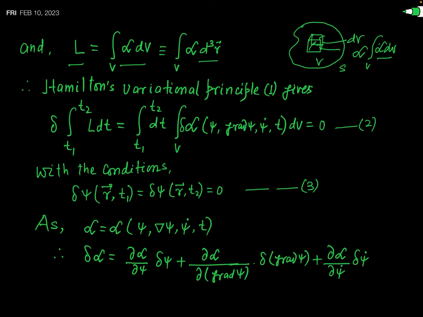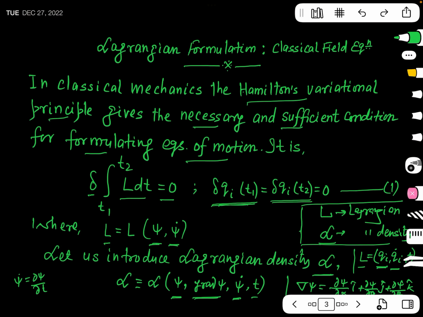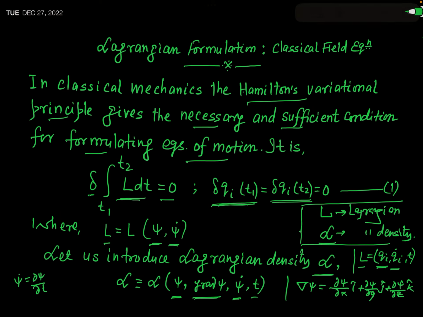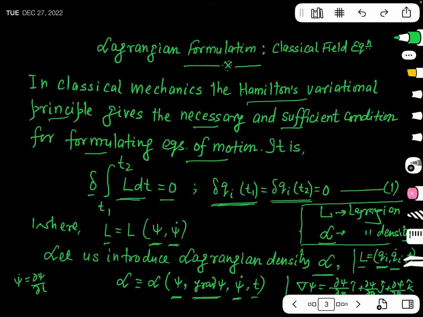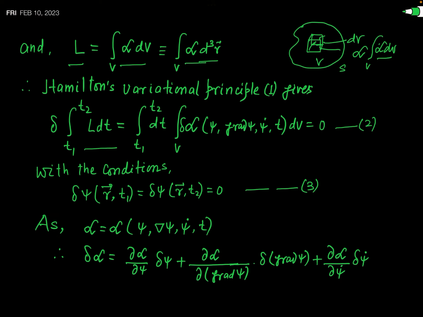As L has now been defined in terms of the Lagrangian density curly L, the variational principle which I stated in equation number 1 can now be expressed in terms of the Lagrangian density. See here. The variational principle is delta integral t1 to t2 L dt.